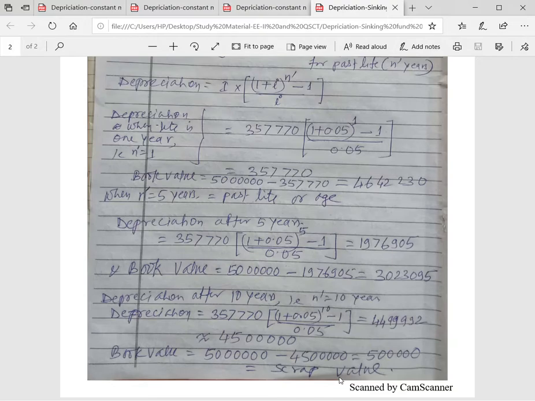Generally the constant percentage method is used to work out the insurance premium, and the straight line method is used for accounts purposes, for record keeping, that is how much is the book value and how much is the depreciation. So by this way we have discussed these three methods of calculation of depreciation, either by the straight line method, or by the constant percentage method, or otherwise by using the sinking fund method of depreciation.